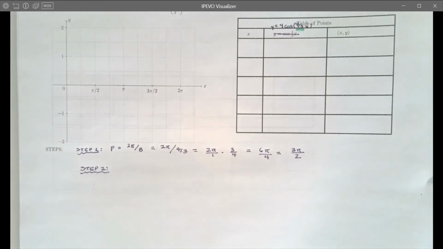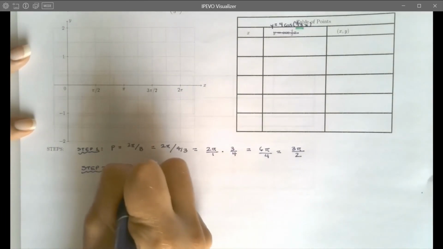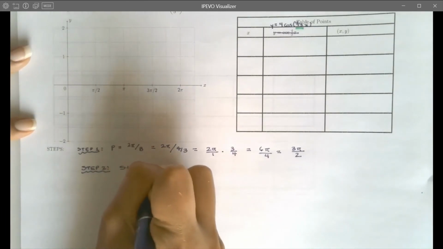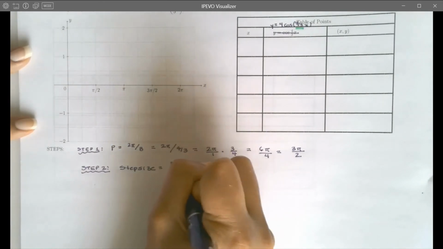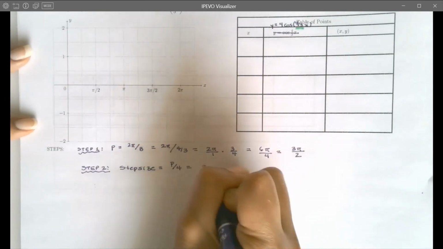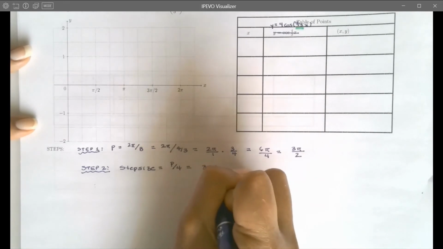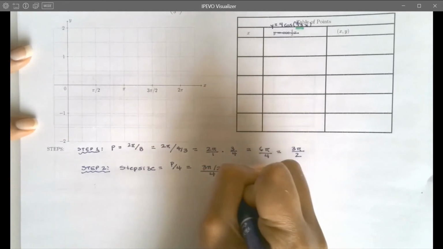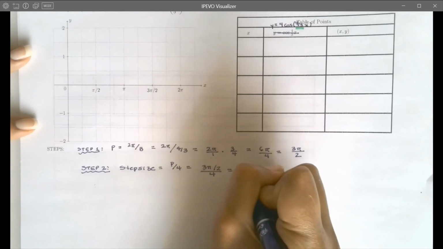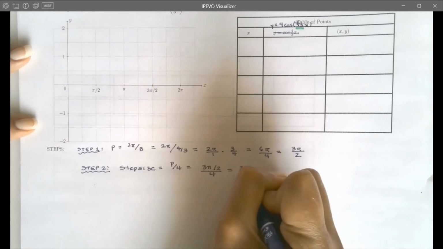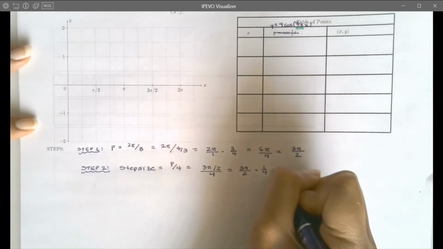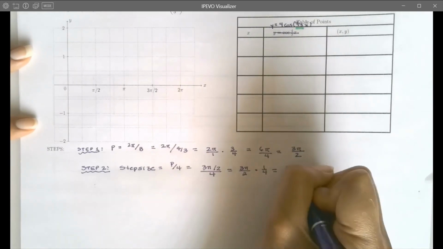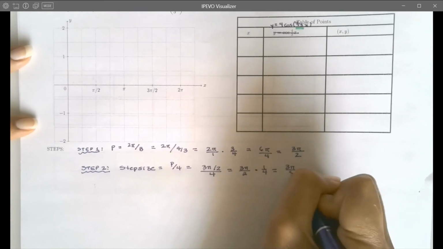That means that we're going to take that distance and divide by 4. Okay, so that means taking 3 pi over 2 divided by 4. Remember, division is multiplication by reciprocal. So we're going to take the 3 pi over 2, multiply by the reciprocal of 4, which is 1/4. And that'll give us 3 pi over 8.